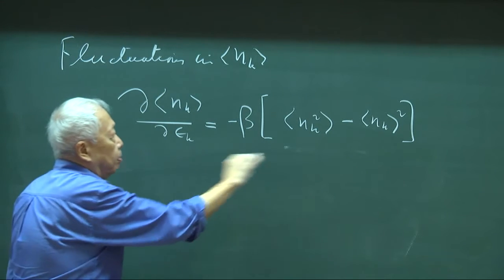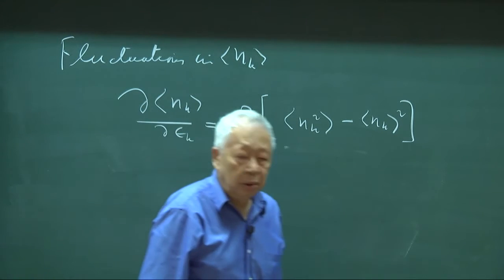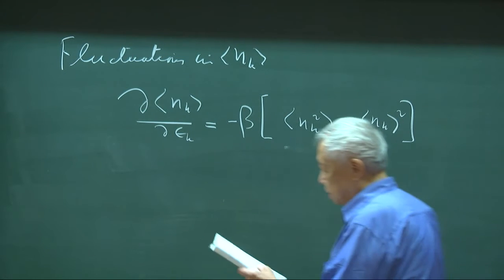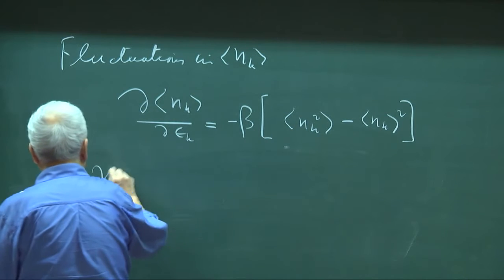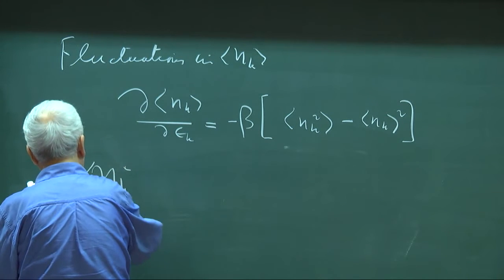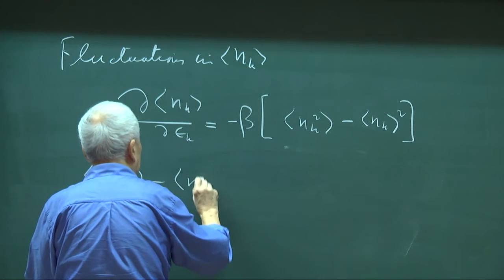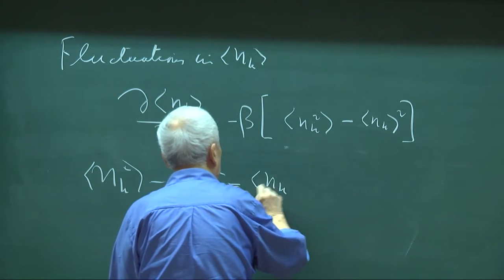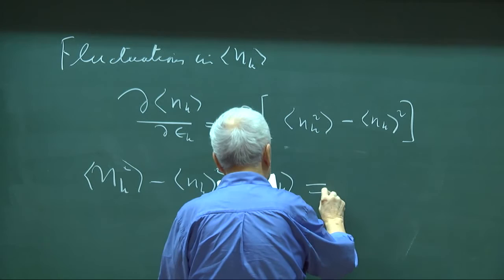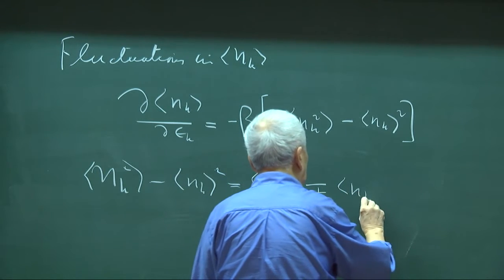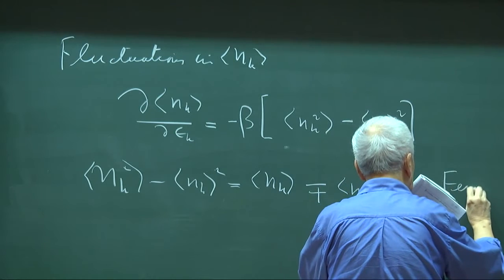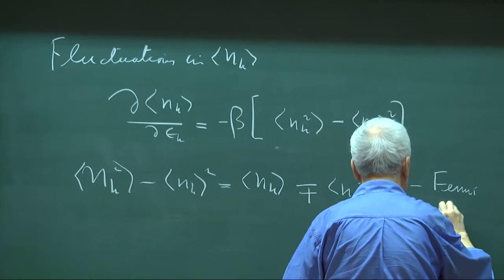And this is derived by the standard method, which I will not elaborate on. Now, when you do this, you get the mean of n_k squared minus the square of the mean of n_k is equal to n_k minus or plus n_k squared, with a minus going to Fermi, with a plus going to Bose.